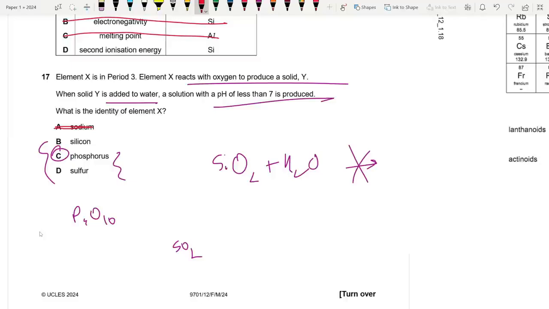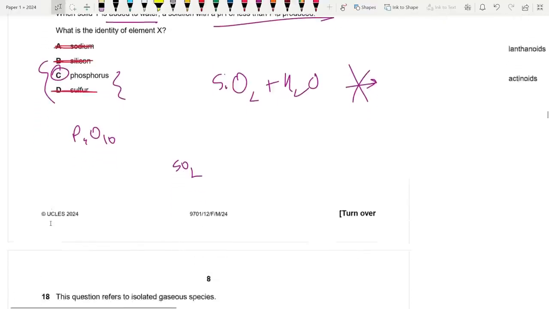Then it can't be silicon, because SiO2 is insoluble in water. Now it's between phosphorus and sulfur. It's not sulfur, because although it forms an acidic solution, sulfur reacts with oxygen to form a gas, sulfur dioxide, which is why it can't be sulfur. So the answer must be C.